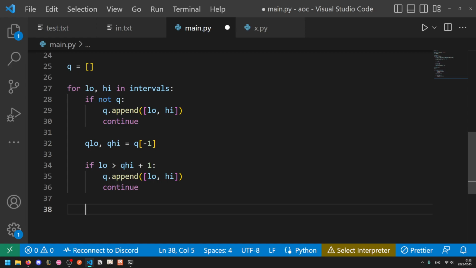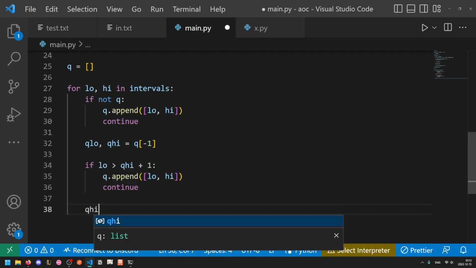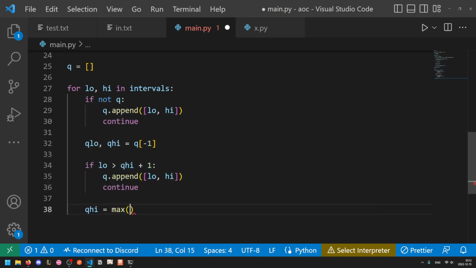But the lowest of the lows is going to be Q low, because our intervals are sorted. So we just need to do Q high equals the maximum of Q high and high. Of course, modifying Q high won't work, because we're actually trying to modify the second index of the last interval, like so.